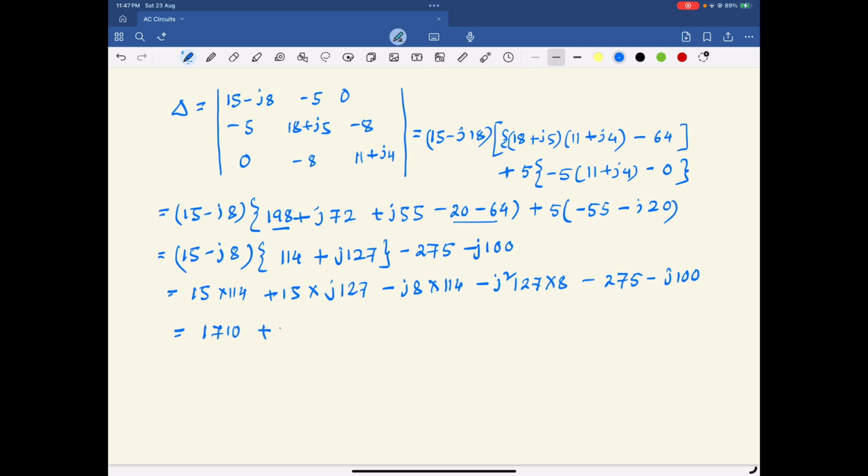So individually you will find del 1, del 2 and del 3. So I1 is equal to del 1 by del, I2 is equal to del 2 by del, and I3 is equal to del 3 by del.